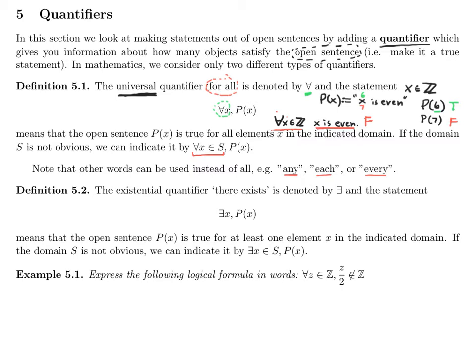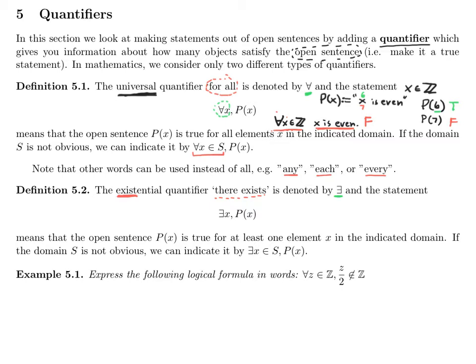In the word existential, you see this word exists. So you can think of an existential quantifier talking about one object, one or more objects. We write that in logical terms using this backwards E, which in logic means there exists.